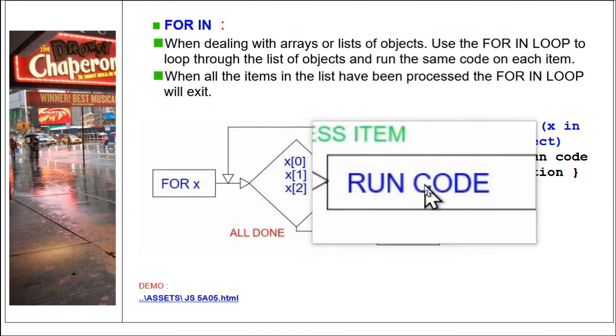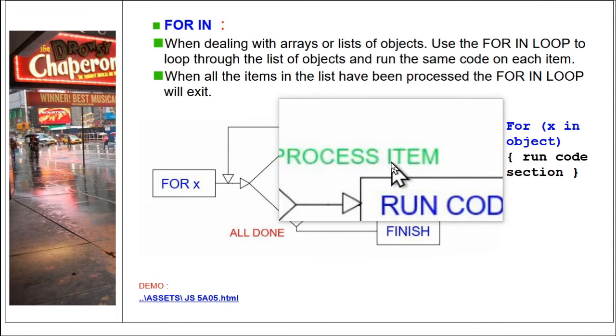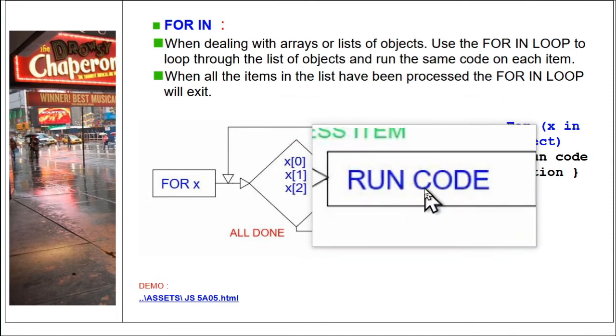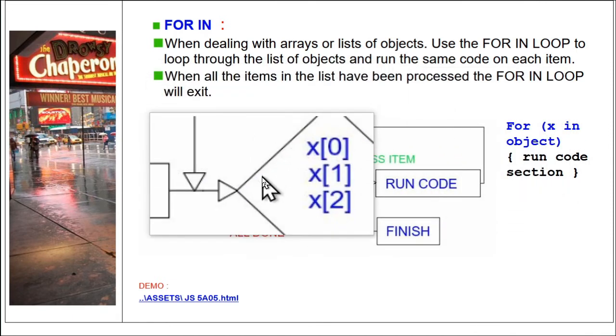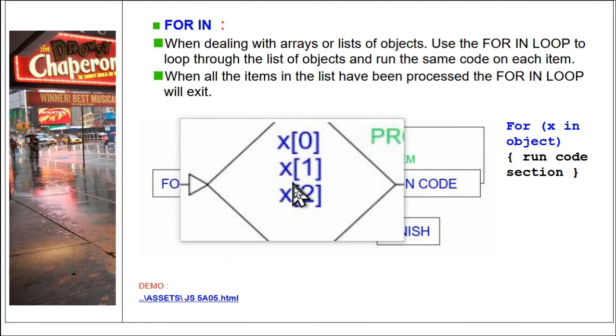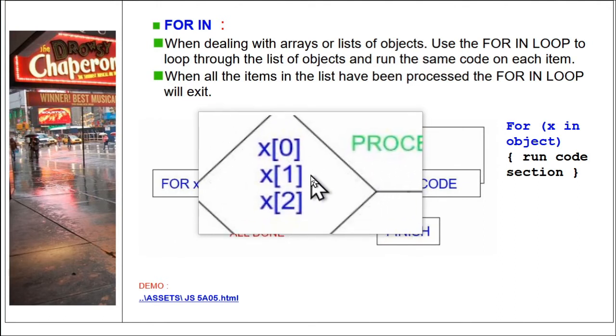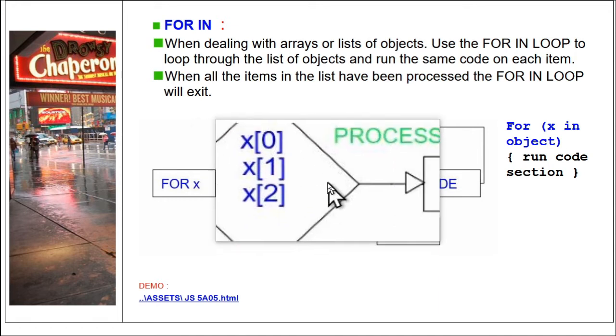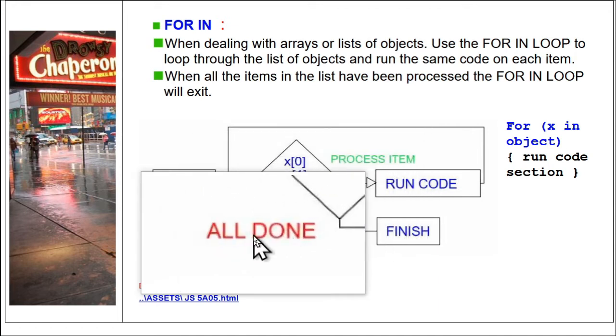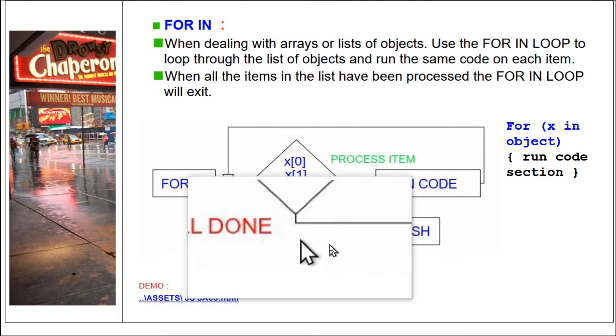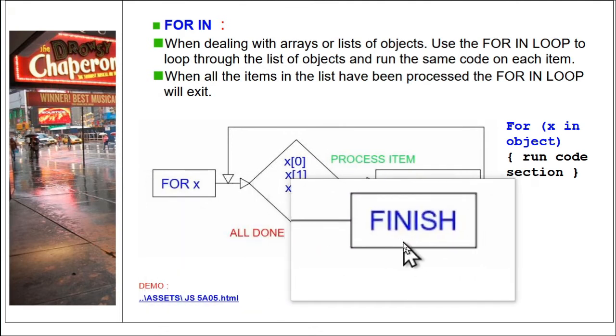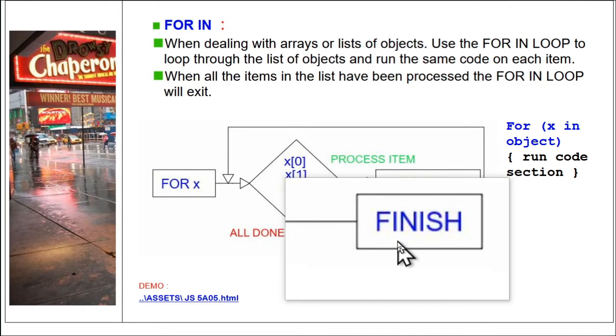Run the code for each item and process the items by running the code and looping around. And then once you've processed all of the items in the array, x0, 1 and 2, you say that's all done, and then we go to finish, and our loop is finished.